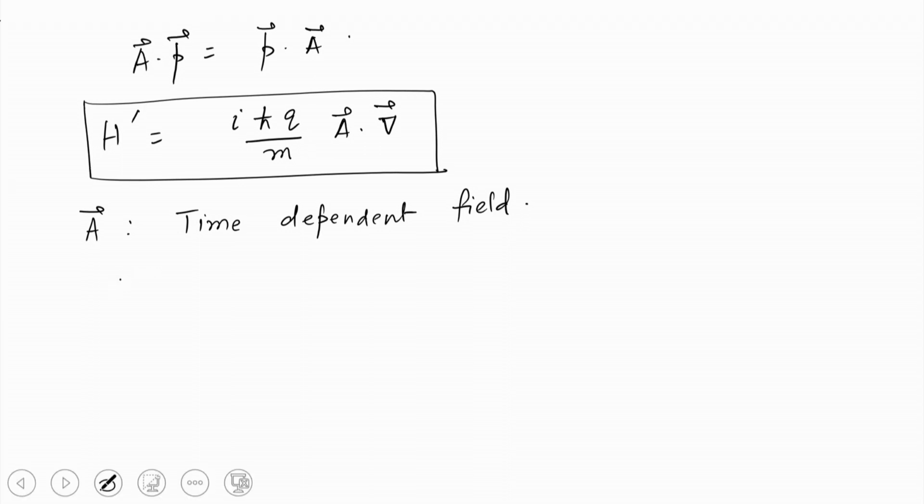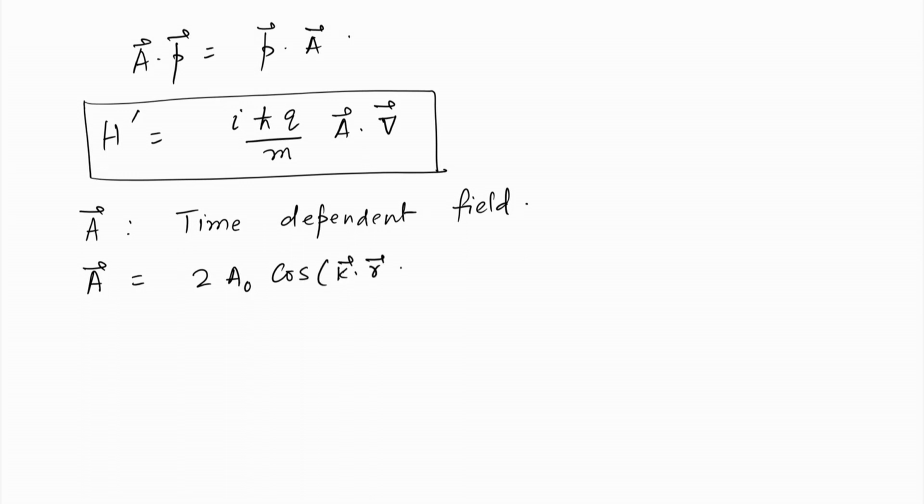So, A can have a form which is 2 A 0, and we can write it as a real part of the exponential, and in a general sense let us have a phase as well. So, a general form of this time dependent field can be like this, and let us try to simplify this form of the perturbation itself if we can.